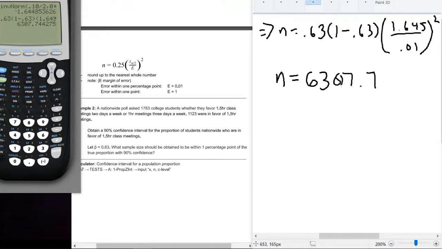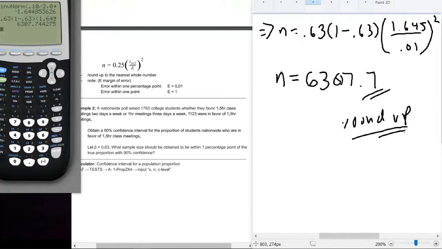What you'll notice is the homework assignment will ask you to round. Because it's not possible to take 0.7 of a person, of an object or unit, we're always going to round up. It doesn't matter what the decimal is.